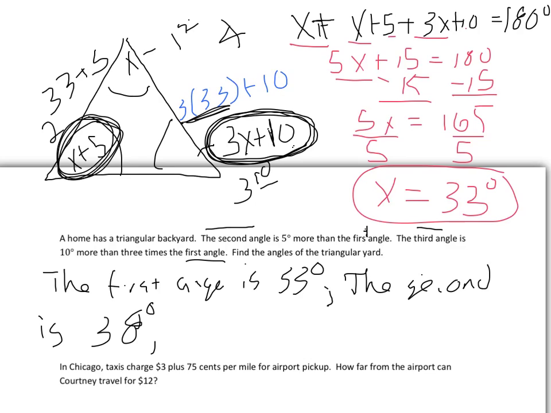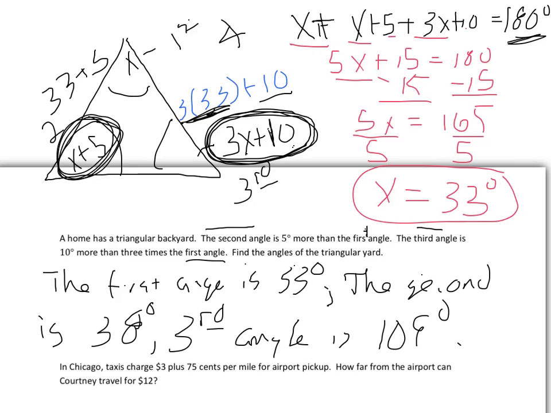Well, 3 times 33 is 99. 10 more than 99 is 109. So the third angle is 109 degrees. And then there's just a little check we could do to make sure this even makes sense. If we add 33 to 38 to 109, we should get our 180 back. That is the number of degrees in a triangle. And if we add those up, we're looking pretty good, and we get that 180. So that's that one right there.